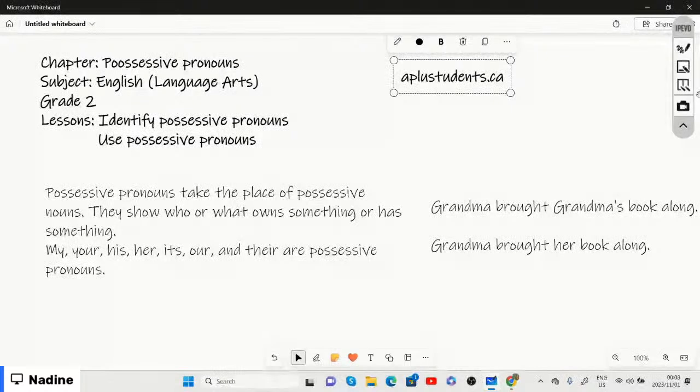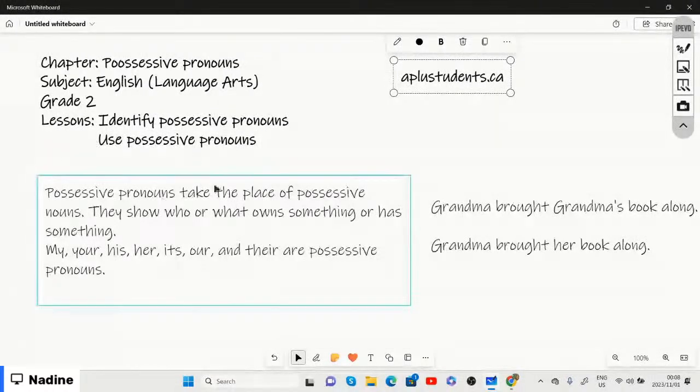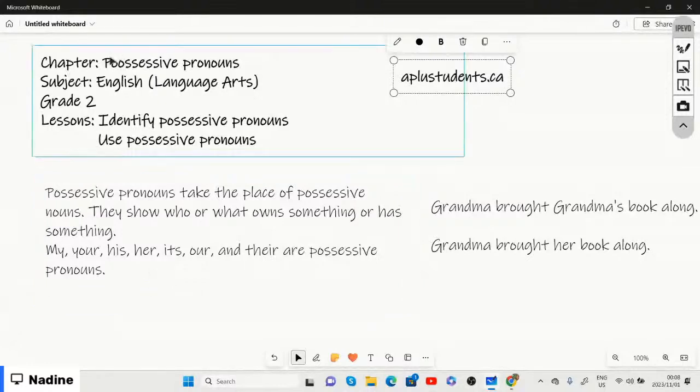So we see that possessive pronouns take the place of a possessive noun. And with possessive pronouns, they show who or what owns something or has something. Like I say, it can be my belongings, it can be your belongings, it can be his, it can be hers, it can be our things, or it can be their stuff.